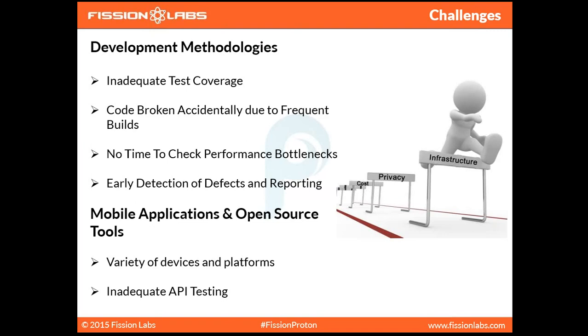So in order to detect defects early and report them at the right time, you need to come up with an innovative solution or tool which will keep the QA effort at the pace at which the development goes on. So you need to meet the development speed within those short durations.